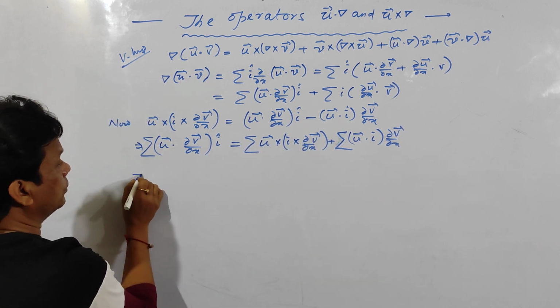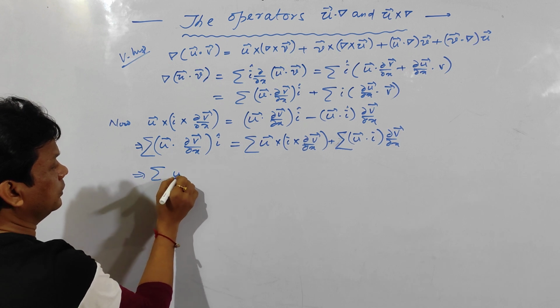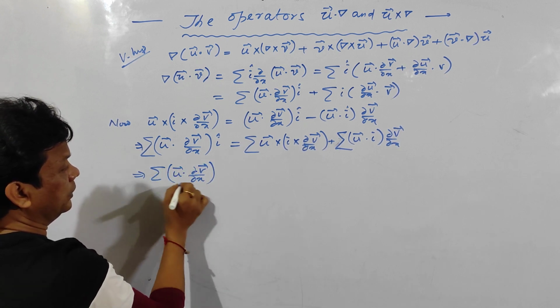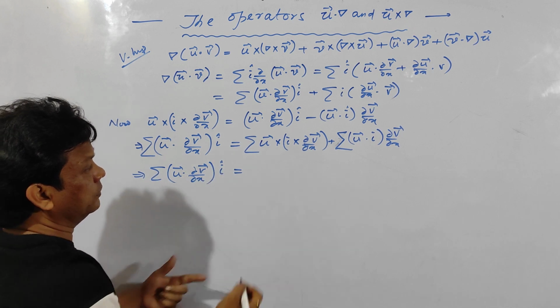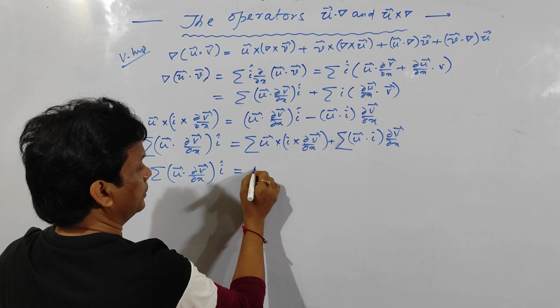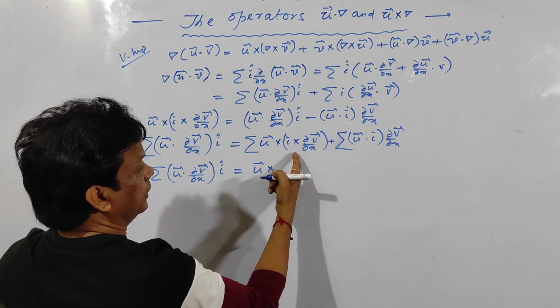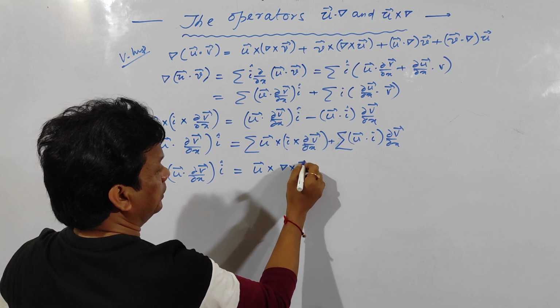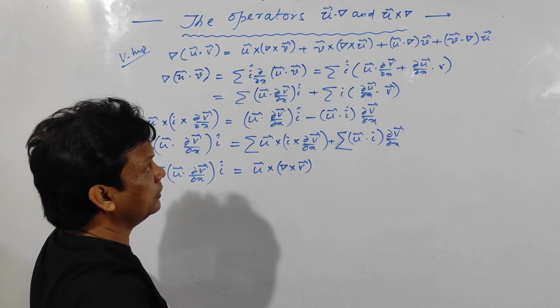So summation u dot del v by del x into i cap is equal to this one: u cross goes outside, and the summation of this one is del cross v. Clear?